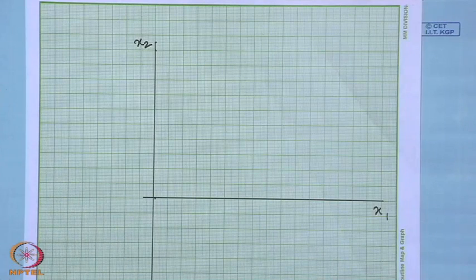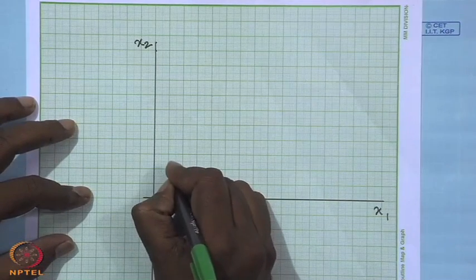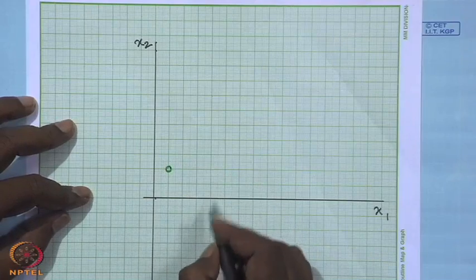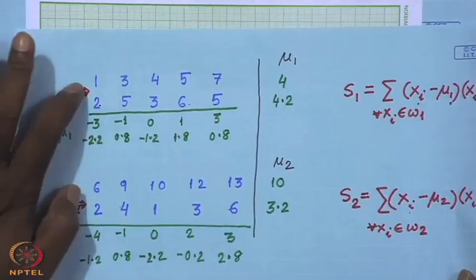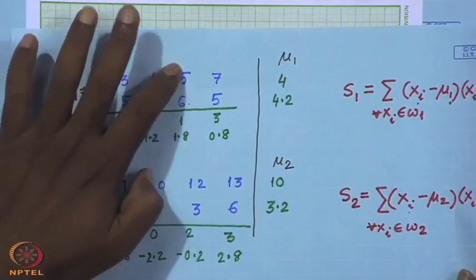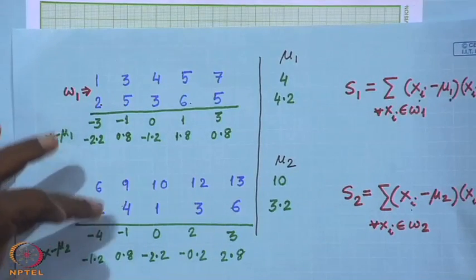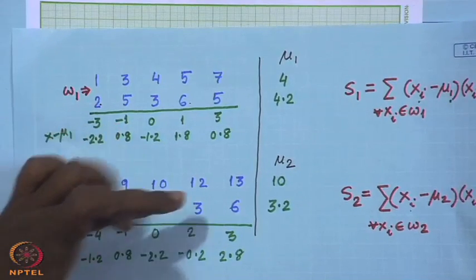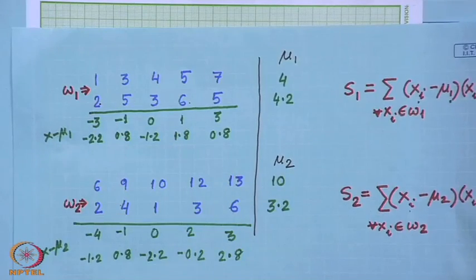Let us put the vectors belonging to class omega 1, and I will use this green color for that. The vectors are 1 2, then 3 5. If you remember the vectors which we had used: 1 2, 3 5, 4 3, 5 6 and 7 5 from class omega 1, and 6 2, 9 4, 10 1, 12 3 and 13 6 from class omega 2.